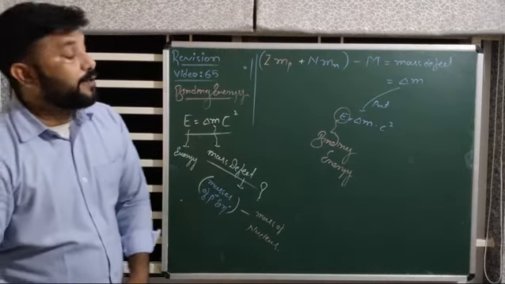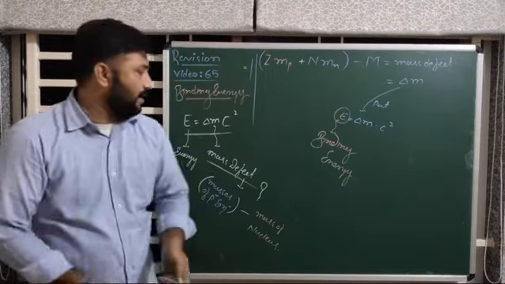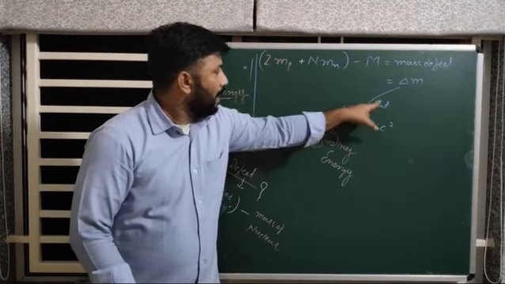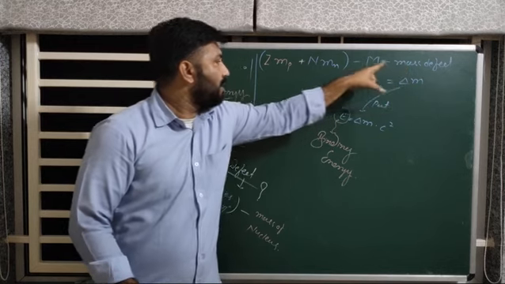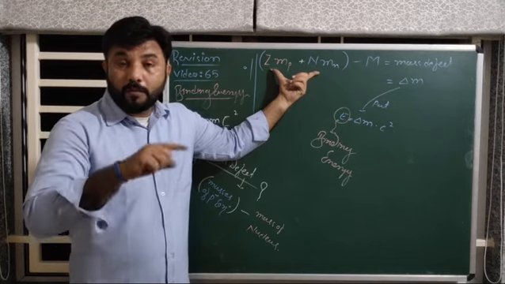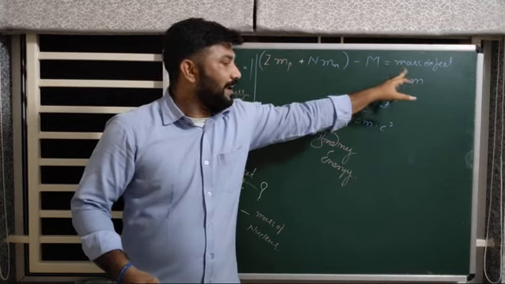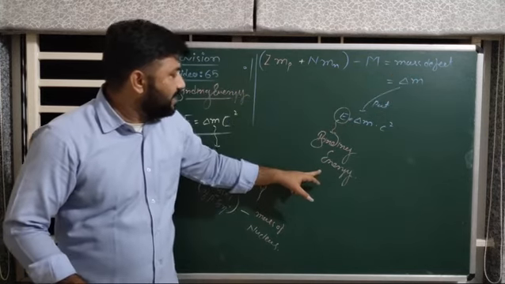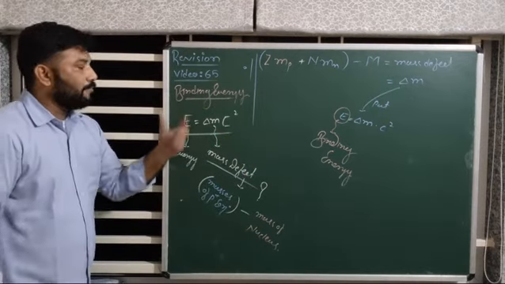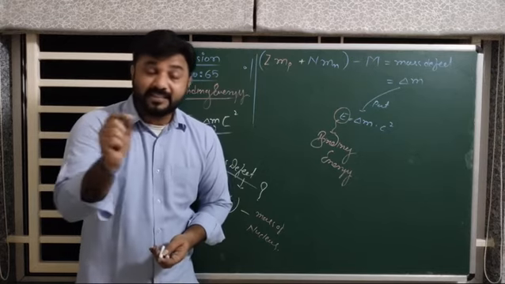So from the equation, there is one more definition, one more statement for binding energy: the energy equivalent to the mass defect. What is mass defect? The difference between the sum of the total mass of protons, the total mass of neutrons, and the mass of the nucleus is known as mass defect, and the energy equivalent to this mass defect is known as binding energy. Clear?